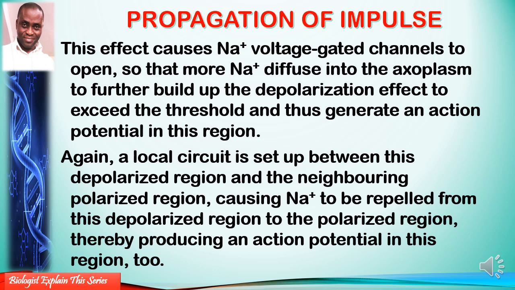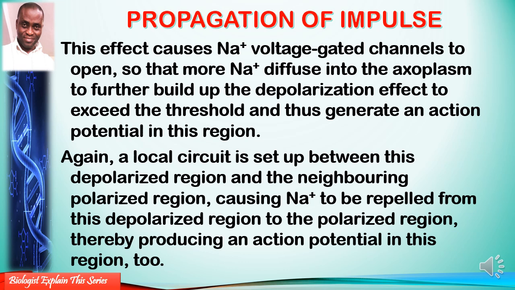And so what you have now is that this depolarized region has a circuit between it and the immediate next, or adjacent, polarized region. Remember, this region that we are discussing was in a polarized state before, meaning negative, and then sodium ions that were repelled from the neighboring region diffused there and depolarized that region.